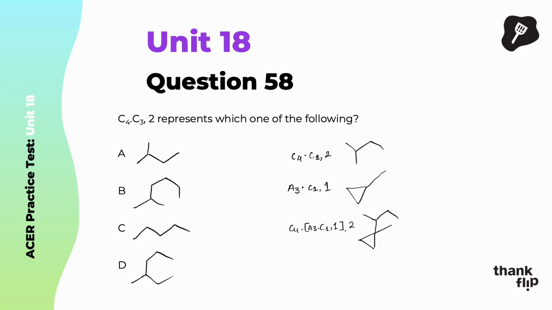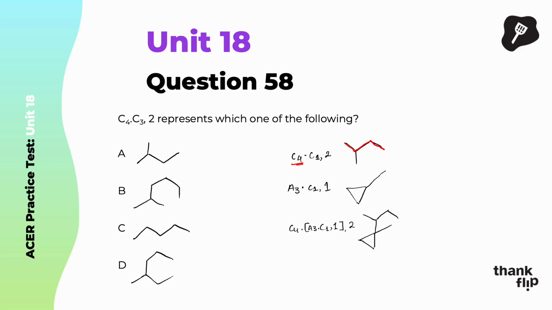So we have C4, right? And in the description it says it's a 4-carbon chain. Because there's that number 4, we can assume that this chain is the one it's referring to. It could also be this one here, but for the sake of looking at one thing at a time, let's just pretend it's this one here.